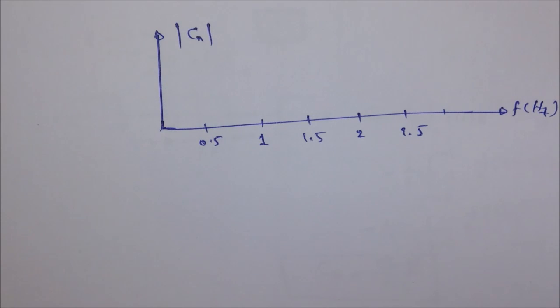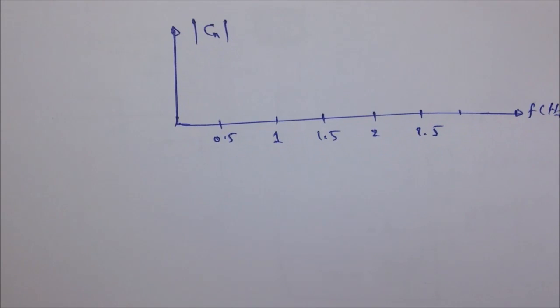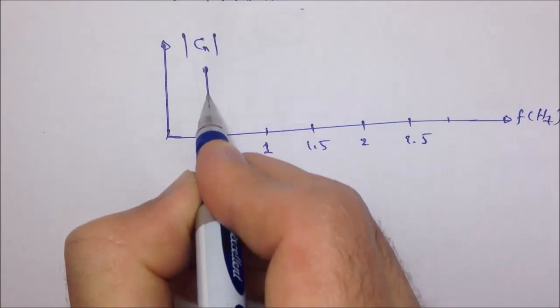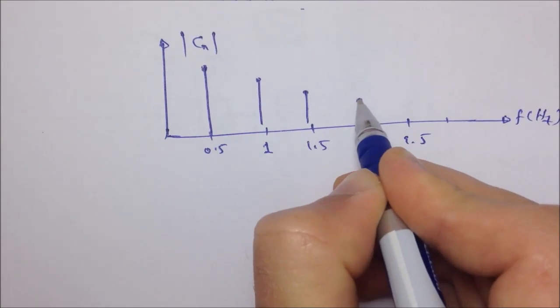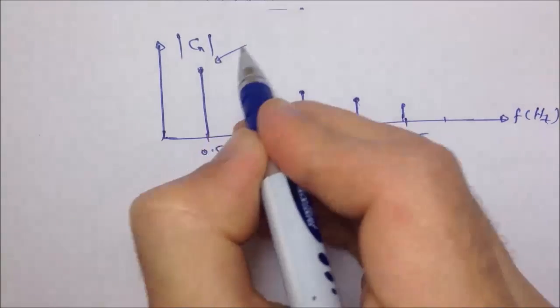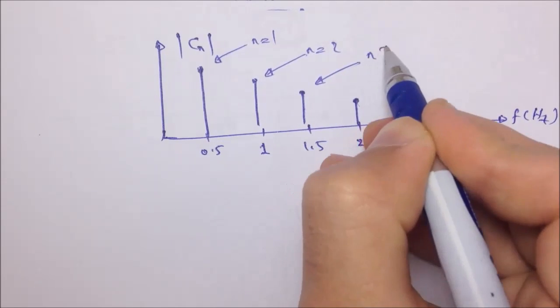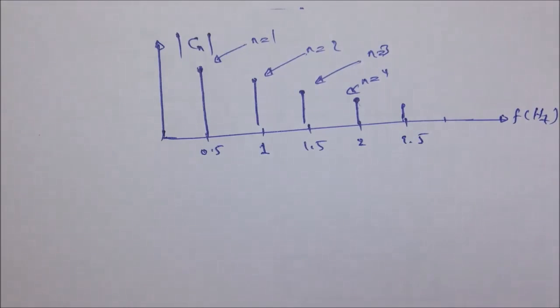Now I'm not going to substitute n values in the formula of C sub n we obtained earlier. You do these calculations. I just don't care for these values. So let's assume that at 0.5 we have this magnitude, at 1 we have this, 1.5 this, and at 2 we have this, and so on. So you get this when n equals 1, you get this when n equals 2, you get this when n equals 3, and 4, and so on.